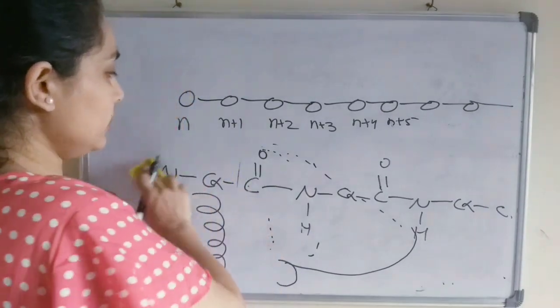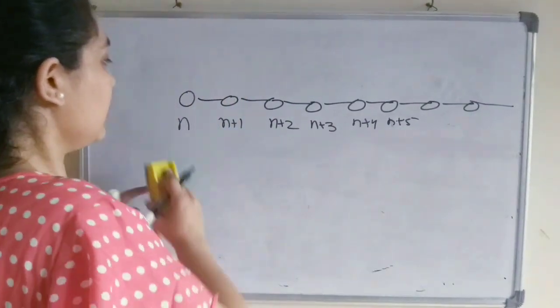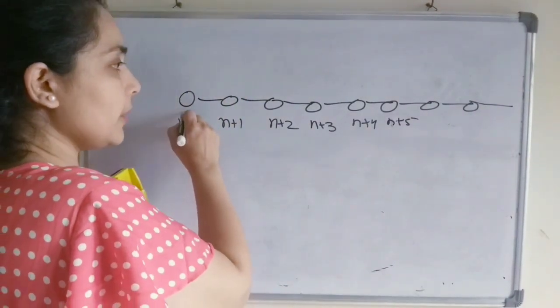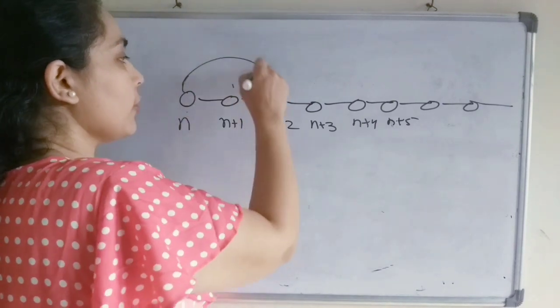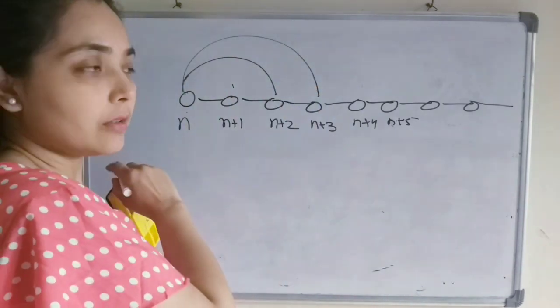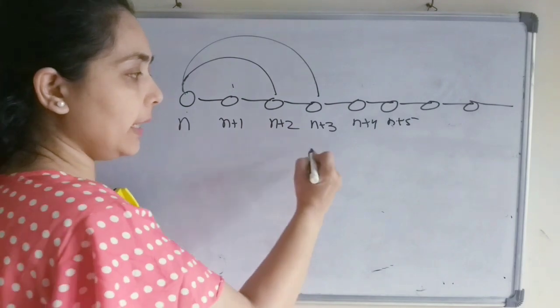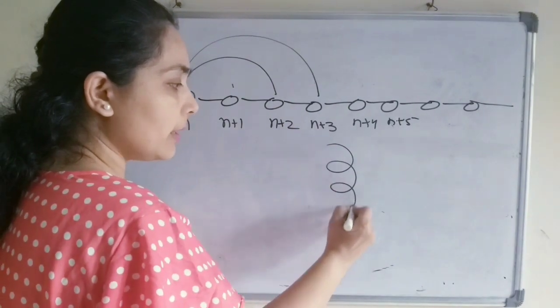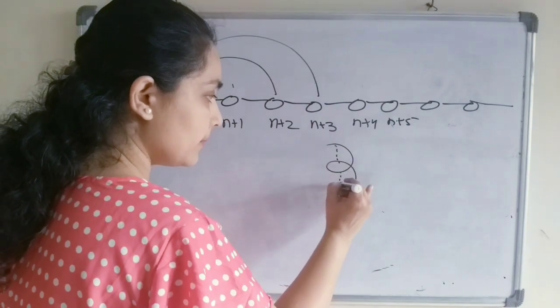That way ultimately it will form a coil-like structure. The oxygen from the first amino acid can form a bond with the hydrogen from the second amino acid or from the third amino acid. If these things happen repeatedly, it will form a coil-like structure where the hydrogen bonds are present like this.